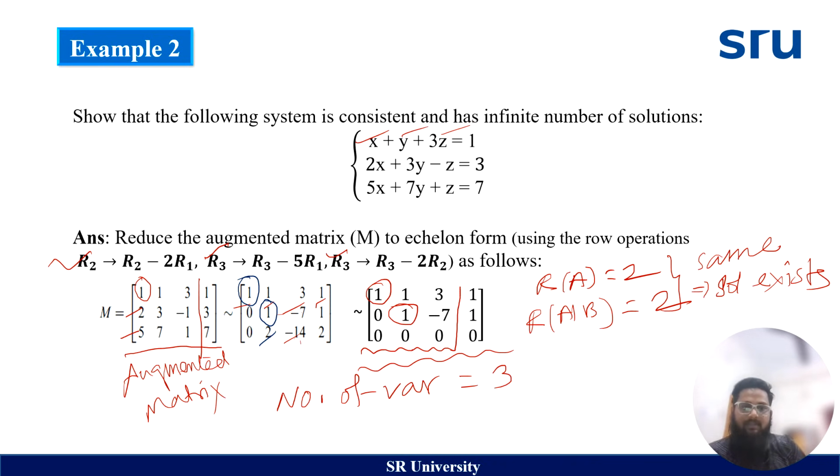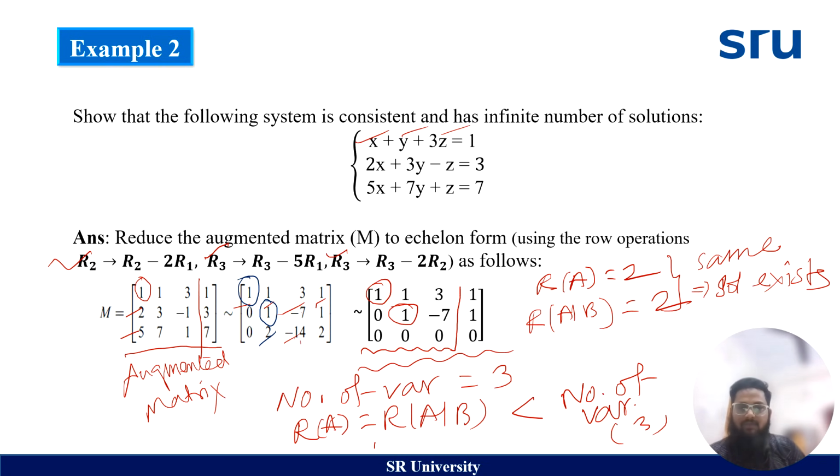That means the rank of A is equal to the rank of A by B, but it is less than the number of variables, which is 3, and these two are 2. So 2 is less than 3. That means the solution exists, but it has an infinite number of solutions. So you have infinitely many solutions.